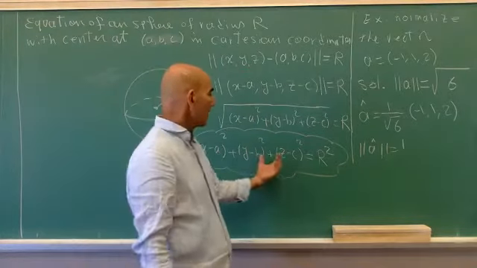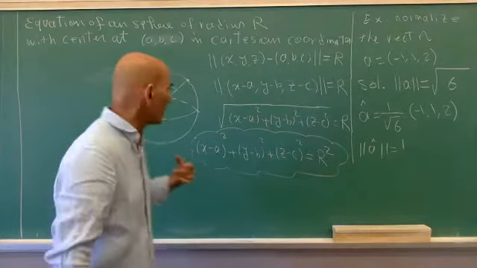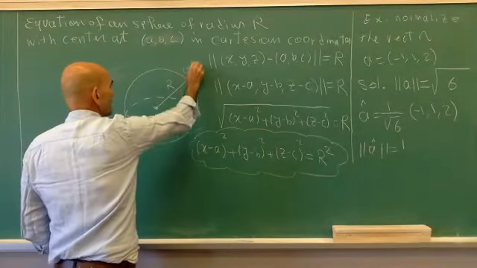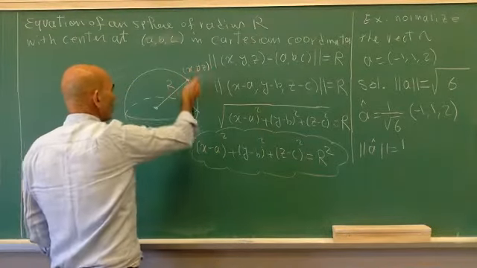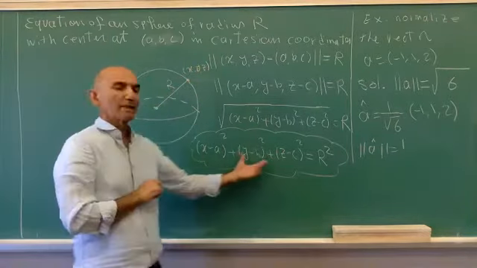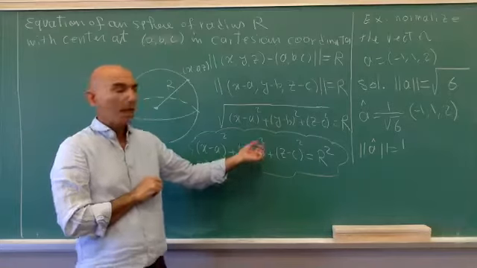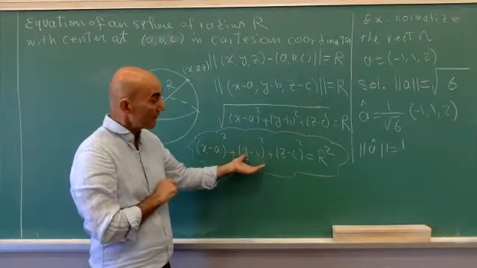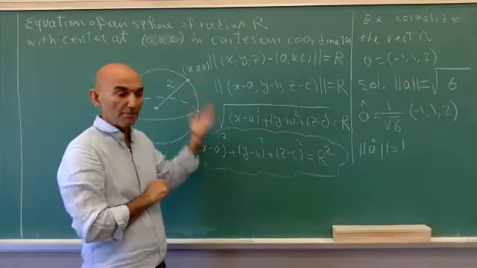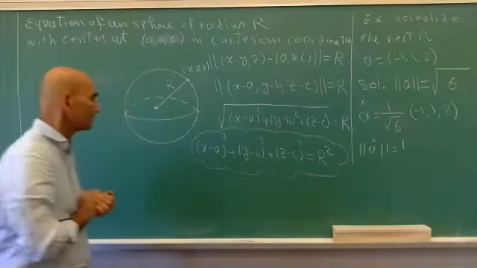Okay, so this is a very important equation, because it tells us that for a point x, y, z, in order to be on the surface of this sphere, it must satisfy this equation. And conversely, if it satisfies this equation, then it's on the sphere. So that's an if and only if relation between the two.